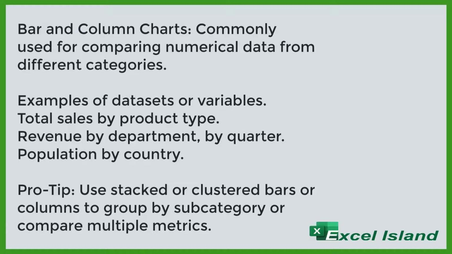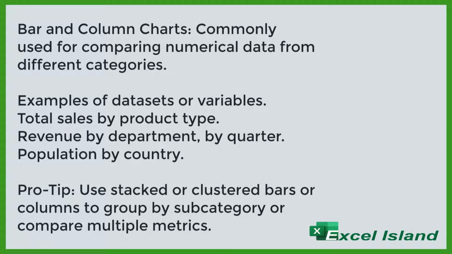Hi there, so welcome back from the short break. The first and second type of chart and graph we'll be looking at are the bar and the column charts, which are commonly used for comparing numerical data from different categories.